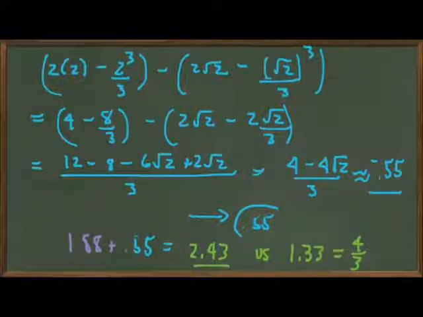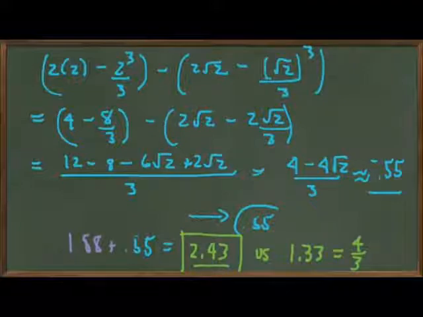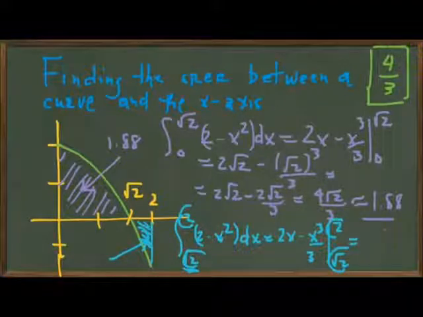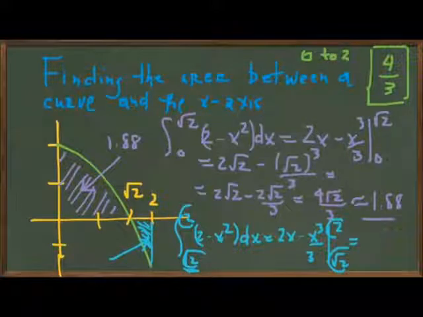And so we compare that to the result that we got by just integrating across the whole region from 0 to 2, and we got, as you recall, an answer of 4/3.